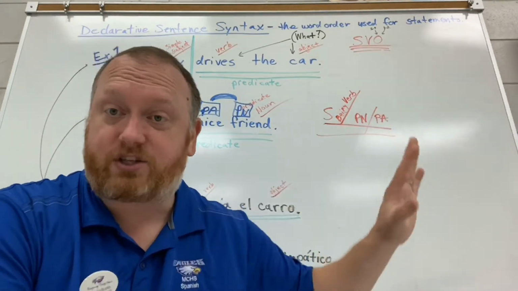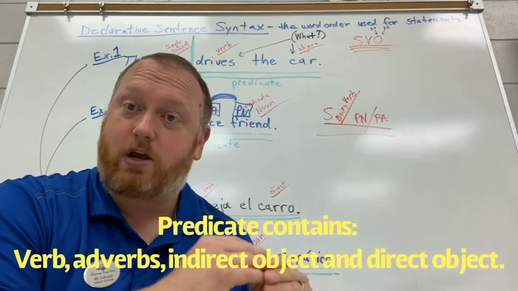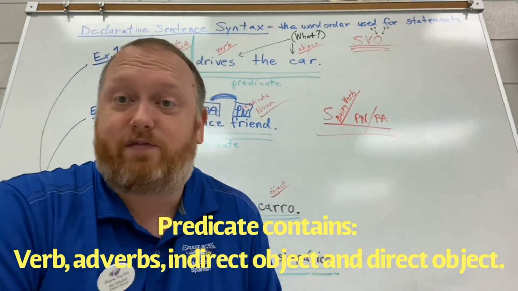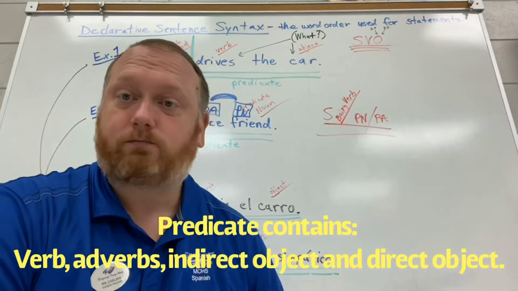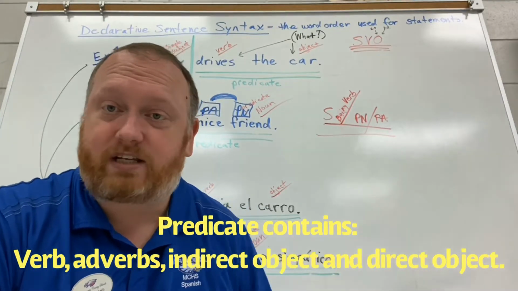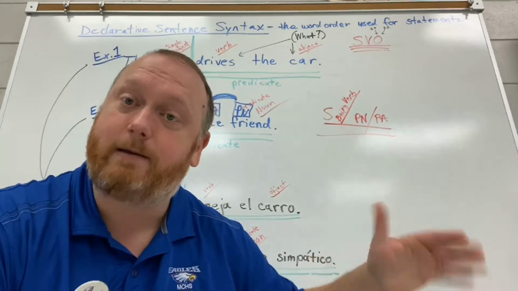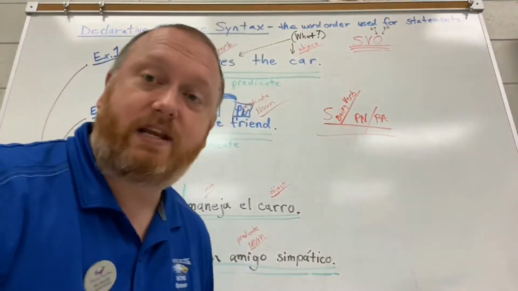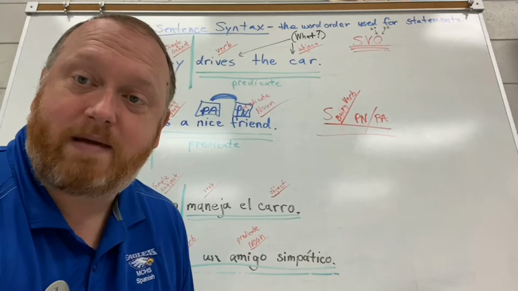Then on the other side, you've got the verb and the other stuff that goes along with it, maybe an adverb that ends in ly, and then a direct object and an indirect object, or whatever other stuff is in the sentence. That's all in the predicate. So we can easily break the sentence down into its two main parts.